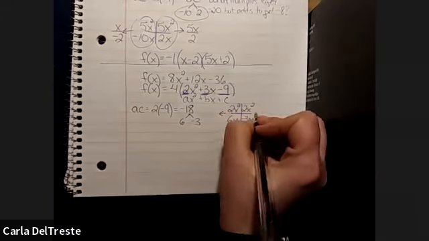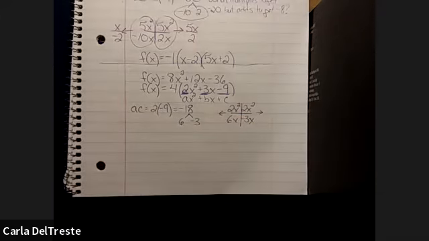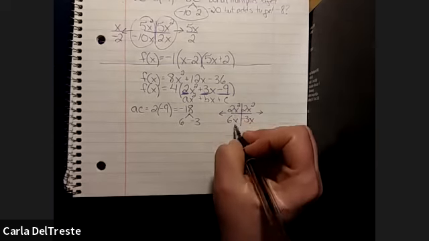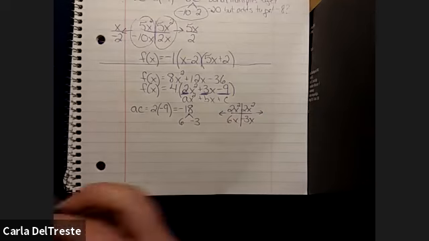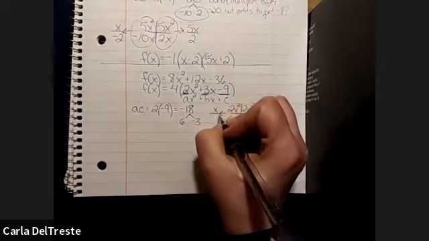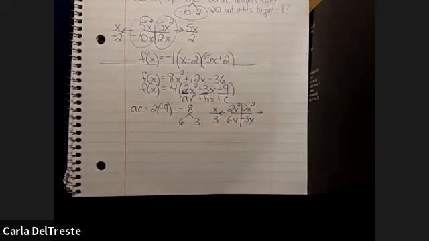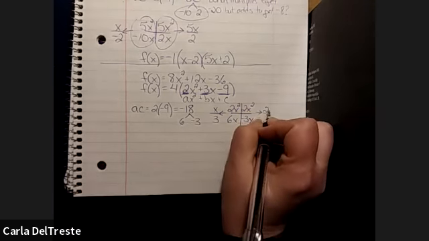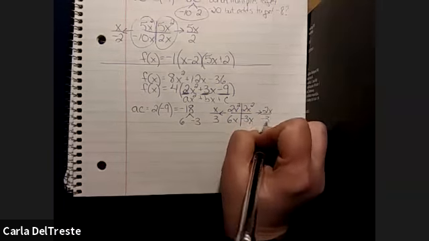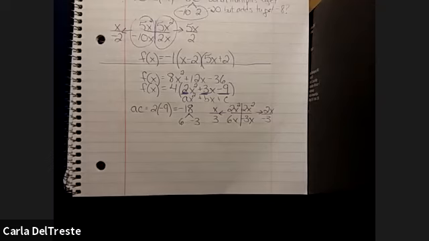I simplify each side of the t-chart separately. When I simplify 2x squared over 6x, they're both divisible by 2x. So that's going to leave us with x over 3. When I simplify 2x squared over negative 3x, they're both divisible by x. So that's going to leave us with 2x over negative 3.